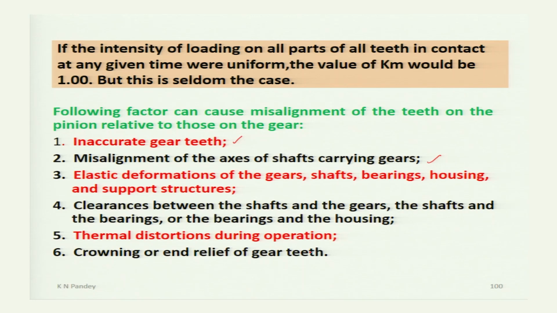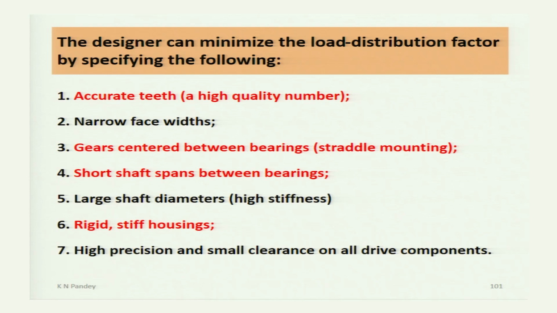So due to any reason, if there is no uniform distribution of load, we have to take into account by multiplying the transmitted load WT by the Km, the mounting factor or the load distribution factor.